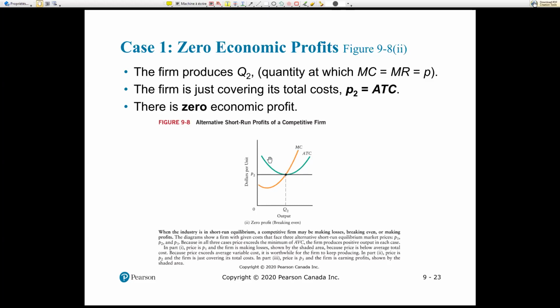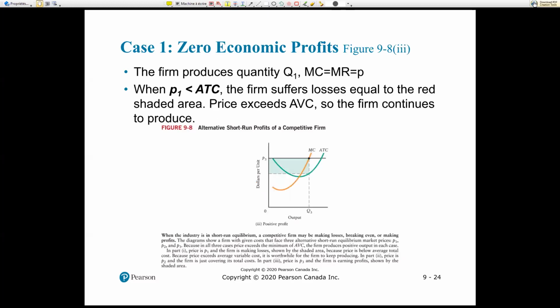And if it just so happens that at that quantity it's exactly the point at which it's the average total cost, then it means that firm number 2 will have profit exactly equal to 0. In this other case, the firm would have a positive profit because at Q3, the price is above the average total cost. So this green box is the positive profit.